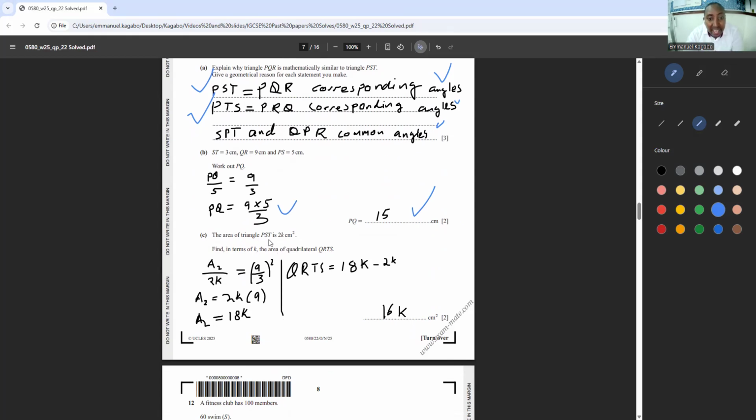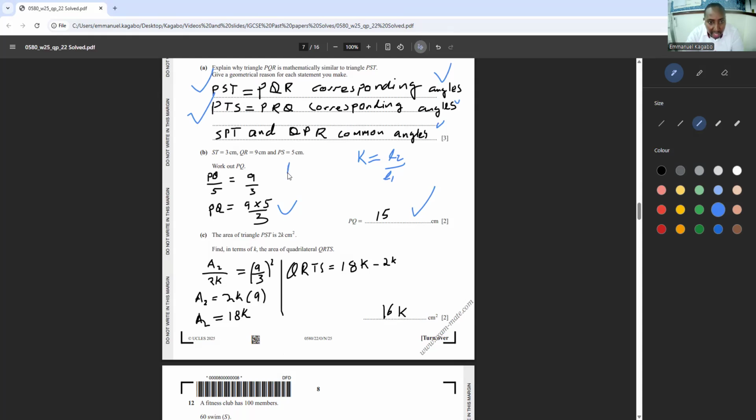The area of triangle PST is 2K centimeters squared. Find, in terms of K, the area of quadrilateral QRTS. Okay, now we know that from similarity there are a few formulas you need to know. When you are dealing with the sides, the big length divided by the smaller one is the linear scale factor.